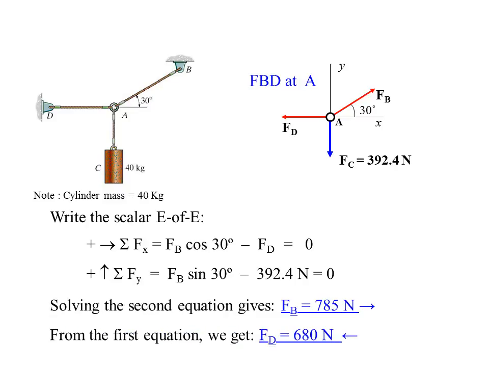Solving the second equation gives a value of FB equal to 785 newtons. Now we can go back and use that in the first equation to get the value that FD is 680 newtons to the left. So we have our unknowns figured out after applying the two equations of equilibrium in our case.